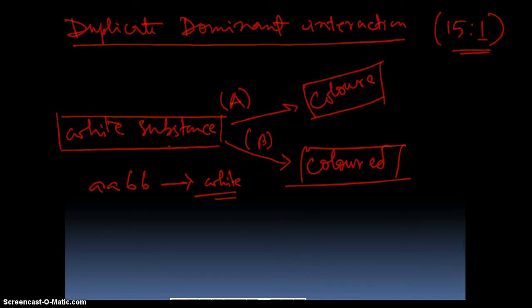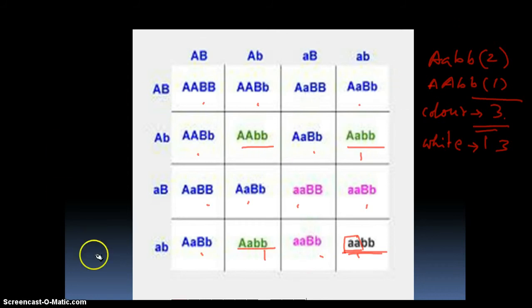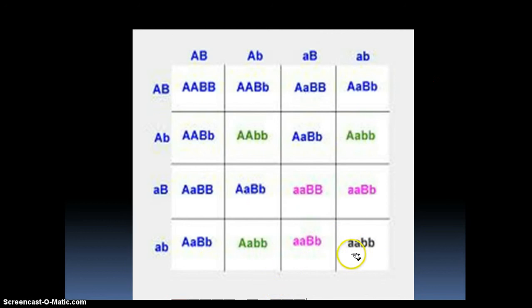Now if we go to the Punnett square, we can see that the last one, small a small b, is the only genotype that will produce white color. But look at the rest of the genotypes, every genotype contains either A or B. So this is the duplicate dominant interaction.